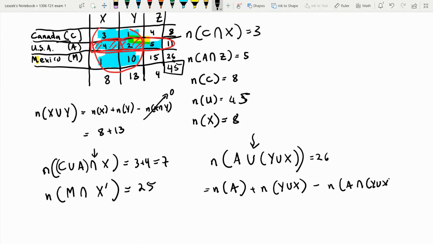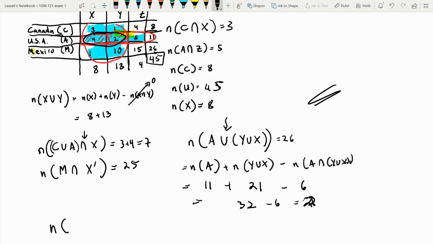The number of Americans is 11. The number of things which are either Y or X is 21. And the number in the intersection of Americans and X or Y is 6. So that is 32 minus 6, which gives me 26 using addition rule.